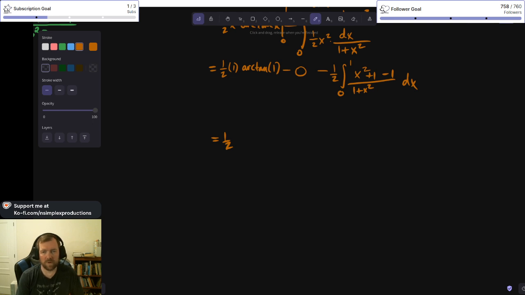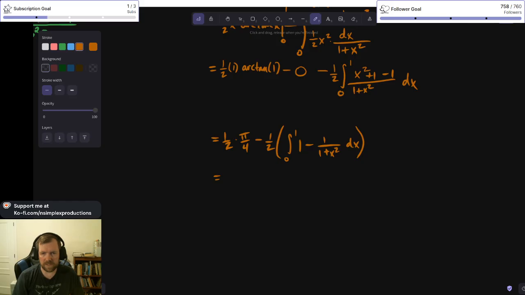Right, arctangent of 1 is going to be pi over 4, minus 0, so that's just gone, minus 1/2 times, take the integral from 0 to 1 of, this is going to be just 1, so that's nice, minus 1 over 1 plus x squared dx.